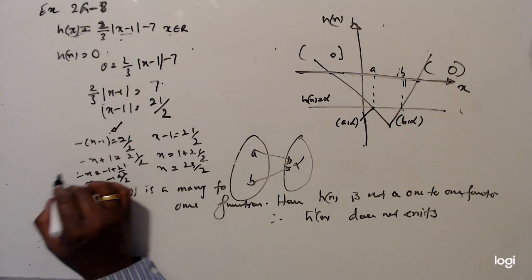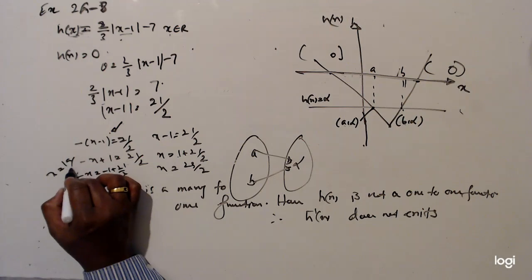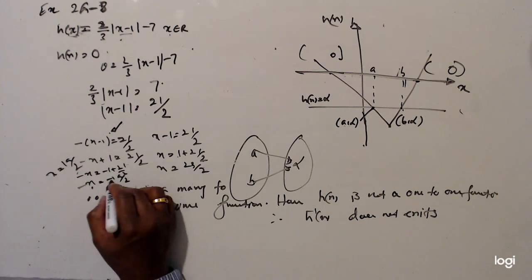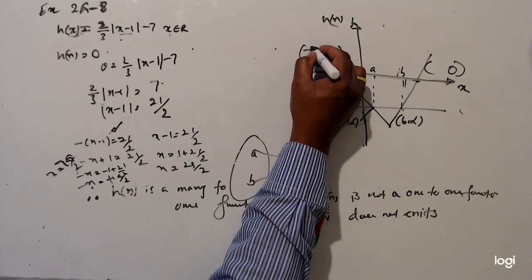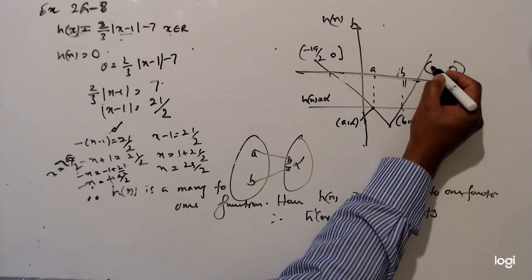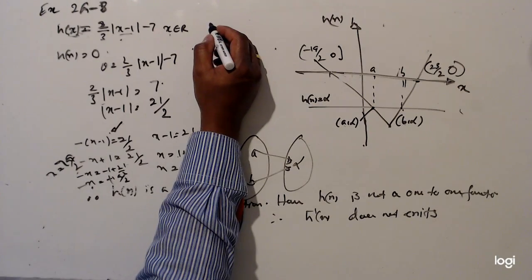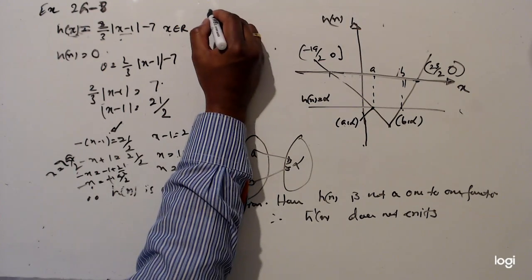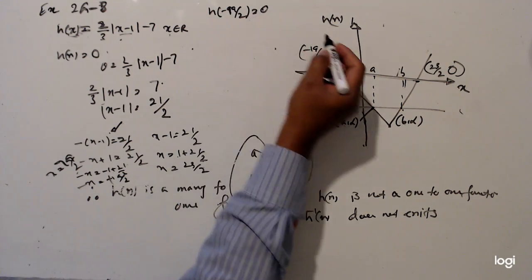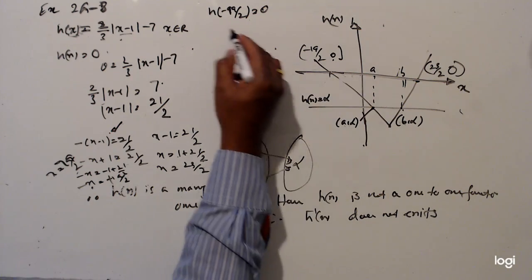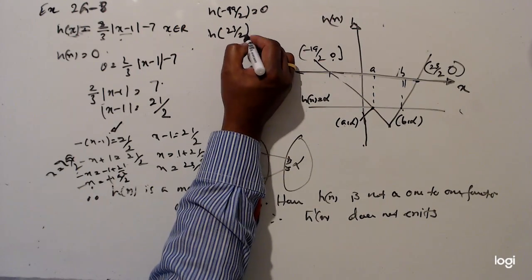So this is minus 19 over 2 and this is 23 over 2. Then h(minus 19 over 2) equals 0, and h(23 over 2) equals 0.